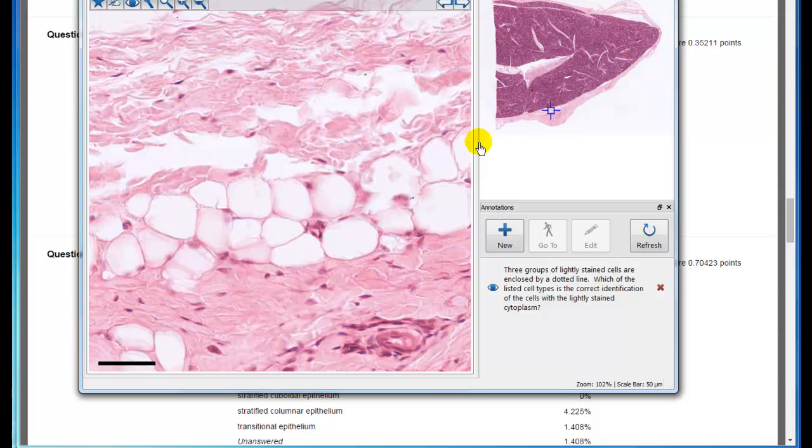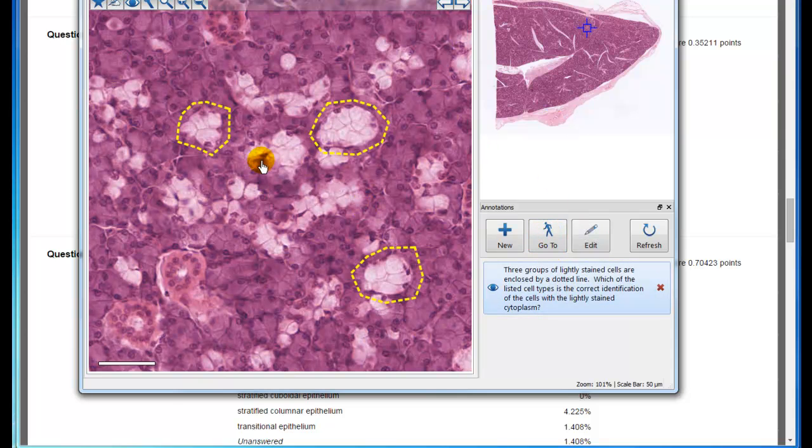Okay, so we go back to those, and you see they do not resemble fat cells, either unilocular or multilocular. They're certainly not serous cells. They're classic mucus cells where the shape of the cell is visible, but it's very lightly stained, full of mucus, and the nucleus is flattened at the edge.